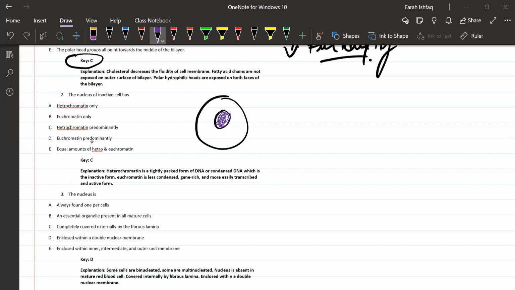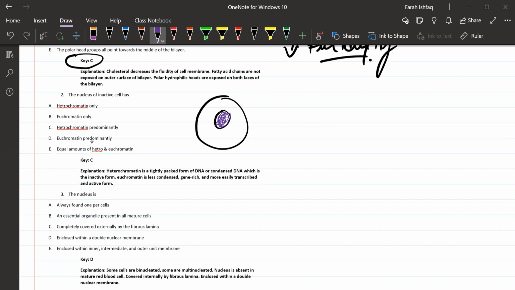An active cell means that it is actively producing protein. An inactive cell means the nucleus is not taking part actively in the synthesis of protein. So no protein synthesis is taking place at that time.